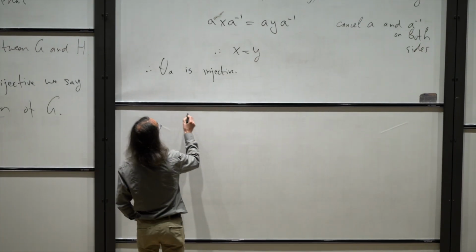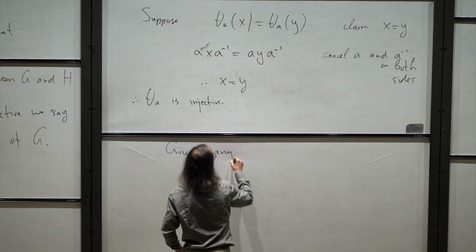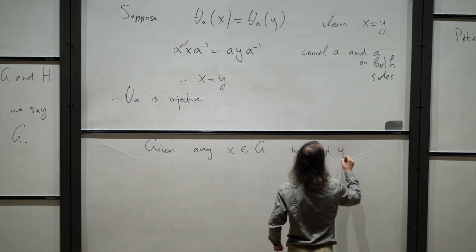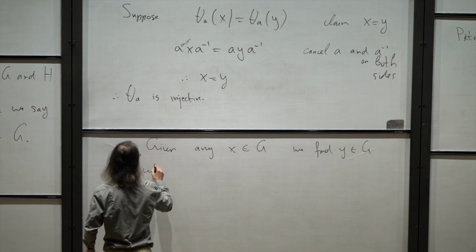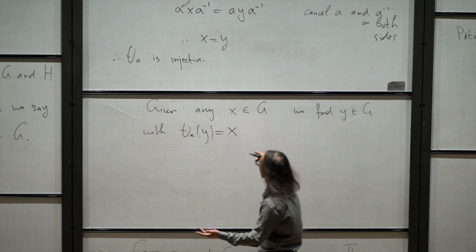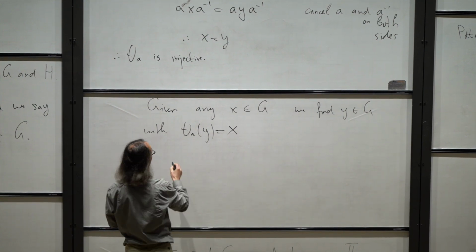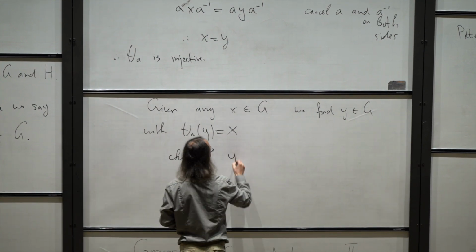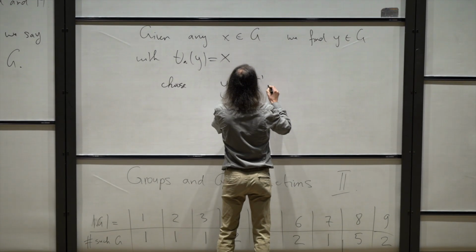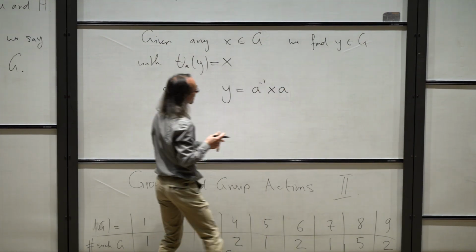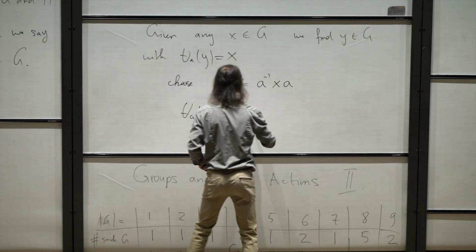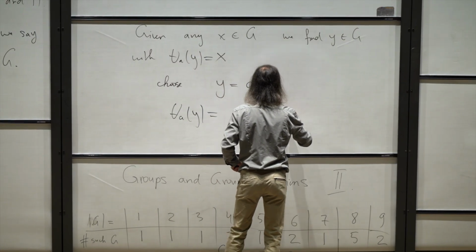And for surjectivity, given any x in G, we find y in G with theta A of y equal to x. Which y do we have to take? Well, it's not hard to see. I'll just cut it directly to the answer. Just choose y to be this element, and then verify that theta A of y is A inverse x A inverse.